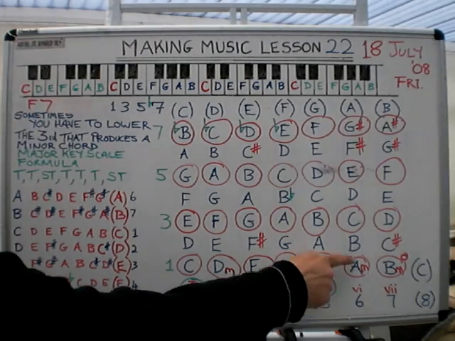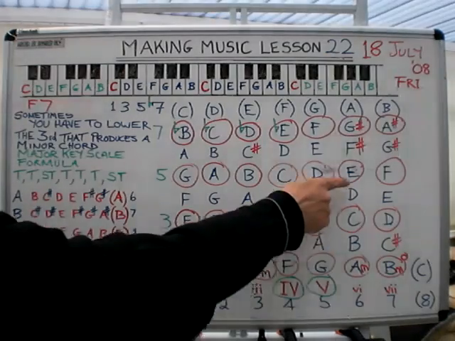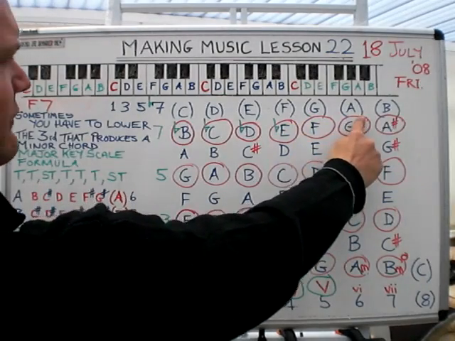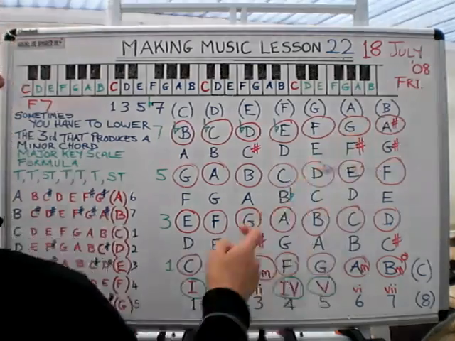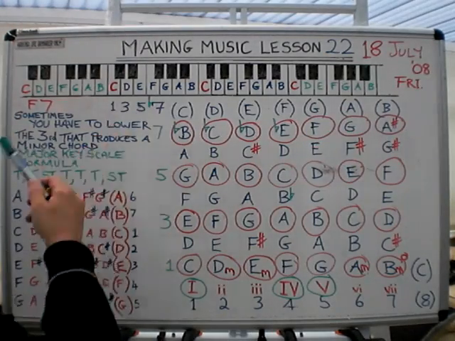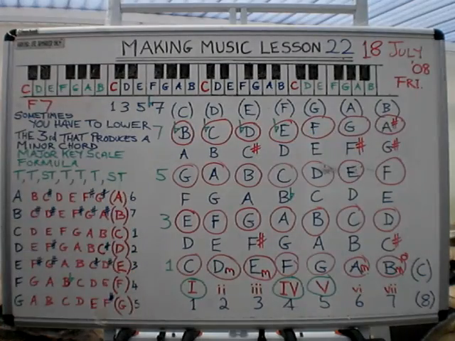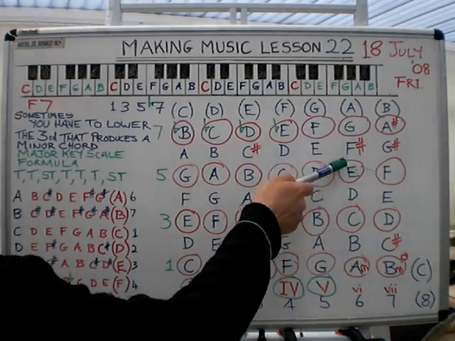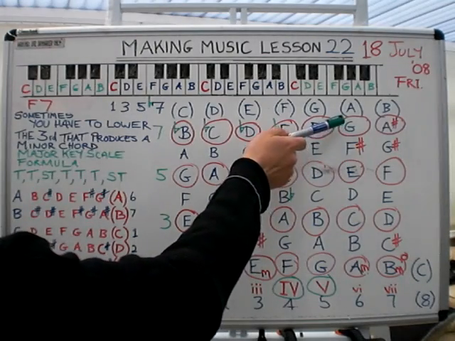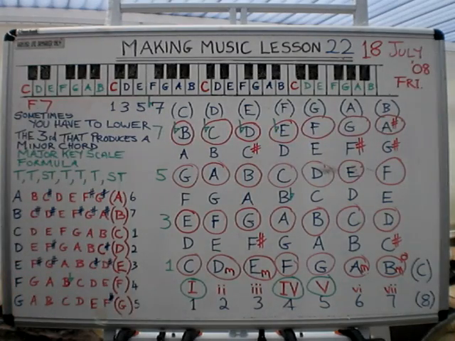Okay, let's look here. A, C, E, G sharp. That's an A major 7. If we lower it one, flattening the 7th, that just leaves a G. So we now have turned it from an A major 7 to an A7, A dominant 7.